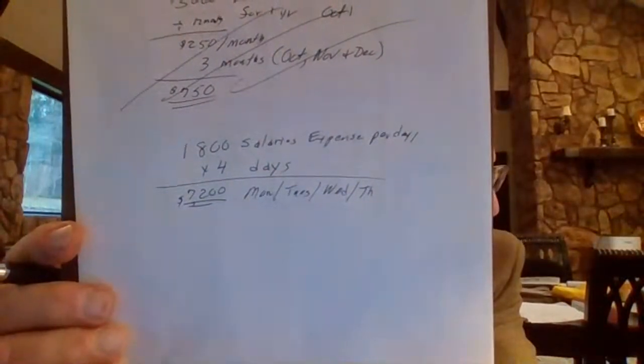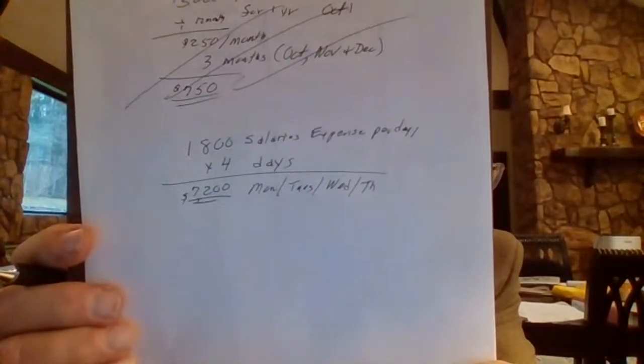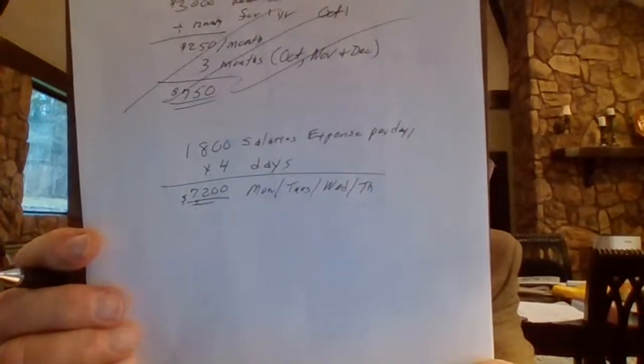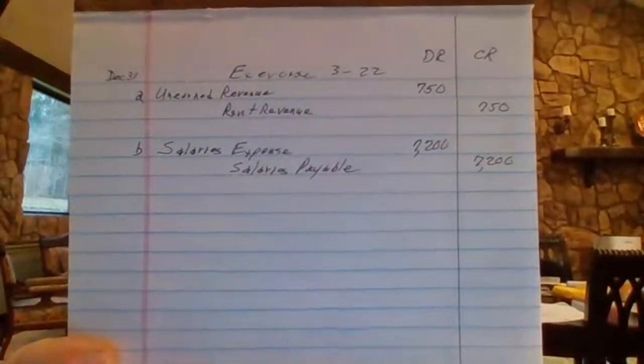There's the computation. $1,800 a day for 4 days is $7,200. So we're going to increase the salaries expense, $7,200, and increase the liability account corresponding to that. So call it salaries payable. The liability account gets increased with the credit, and that's what it would look like.